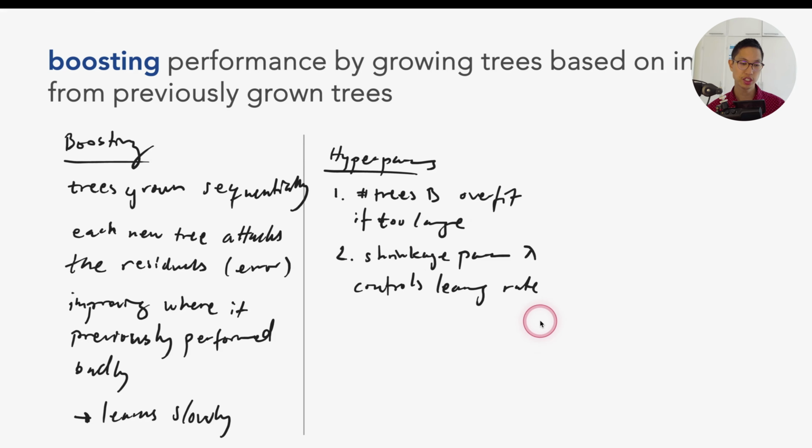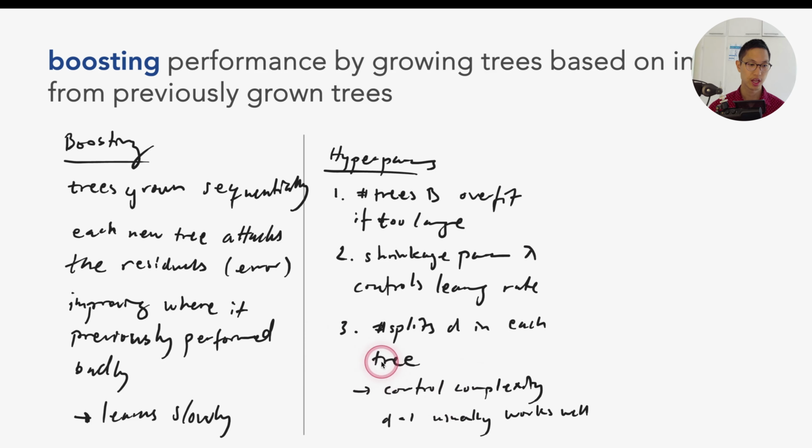There's also a shrinkage parameter, lambda, that controls the learning rate. It means that it will learn slower if you have a higher lambda. And then you have the number of splits, d, in each tree. This controls the complexity. So d equals 1 usually works well. It gives the number of splits in the trees.